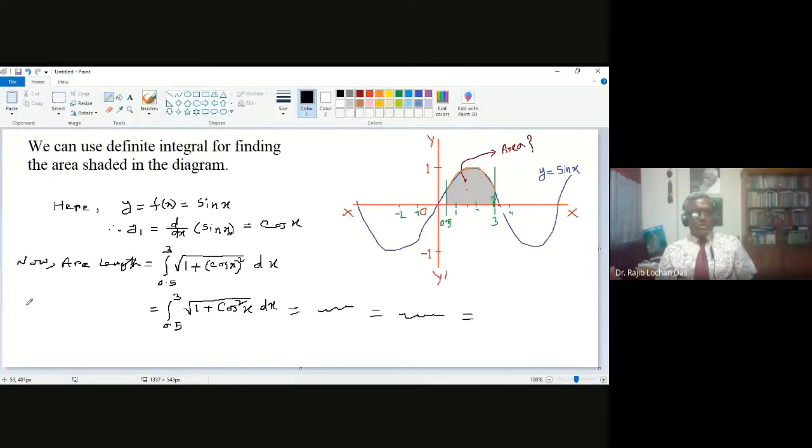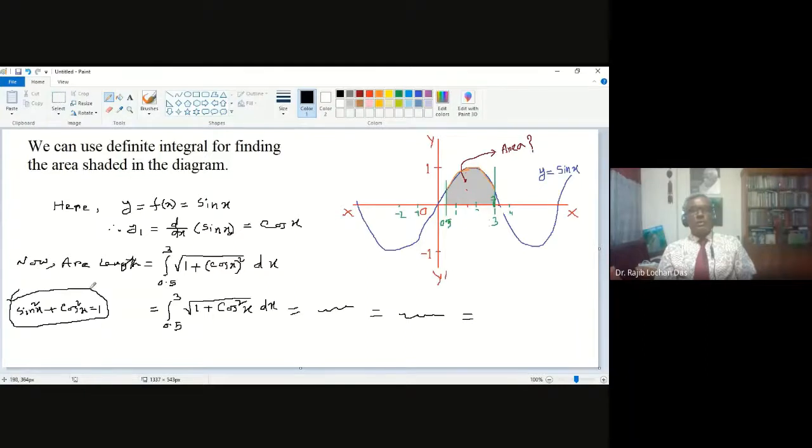Okay, everything is allowed. But you are saying something wrong. It is not minus. Sine square x plus cos square x equal to 1. You are saying minus, so you are making that mistake. The formula is not minus.